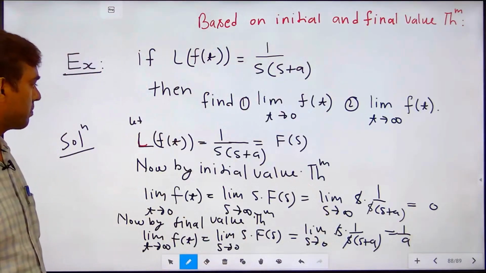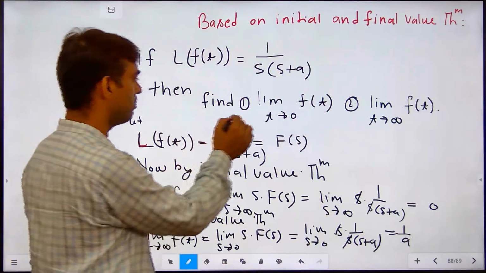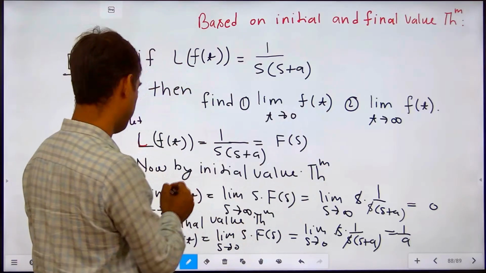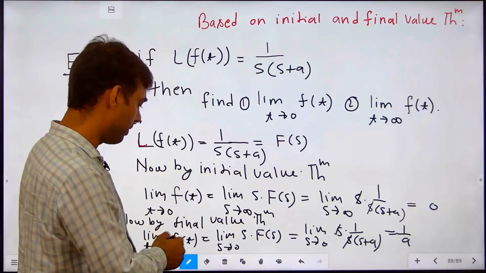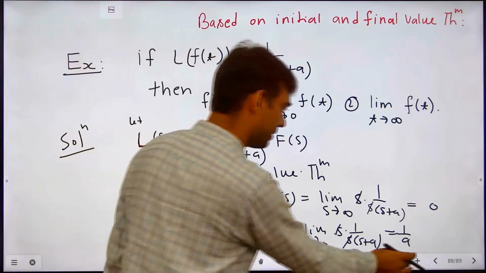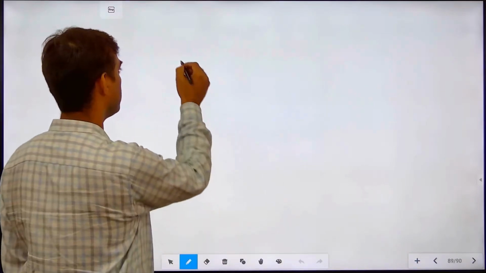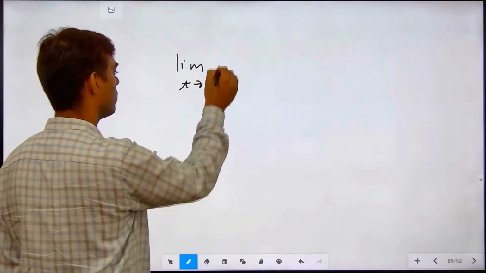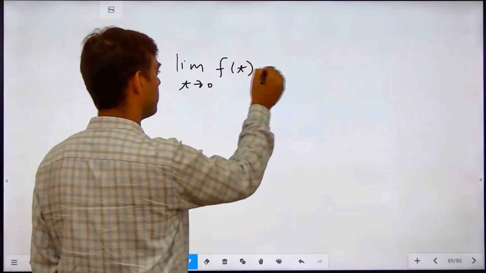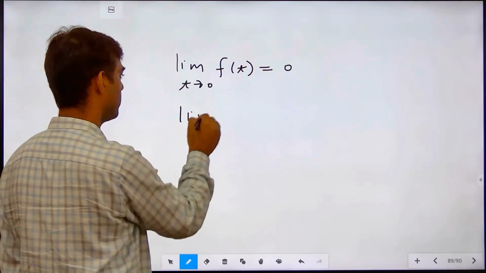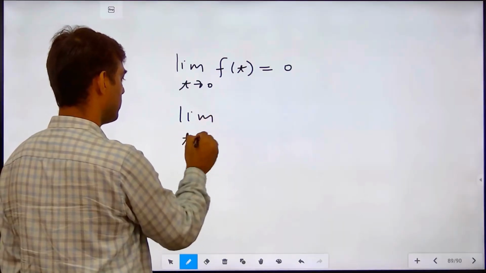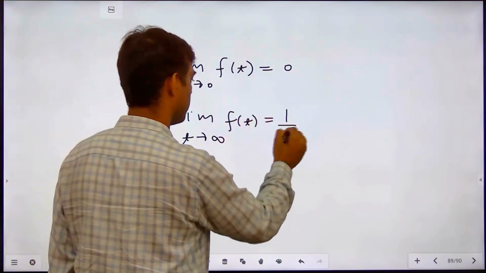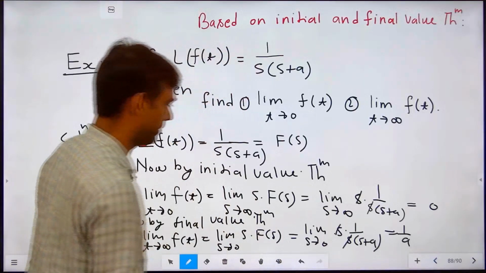So, by the initial value theorem, the limit as t tends to 0 of f(t) equals 0. And by the final value theorem, the limit as t tends to infinity of f(t) equals 1 upon a.